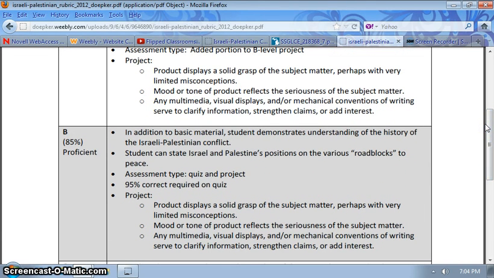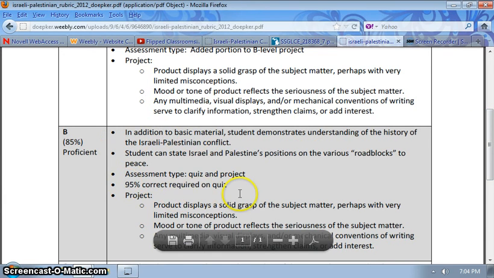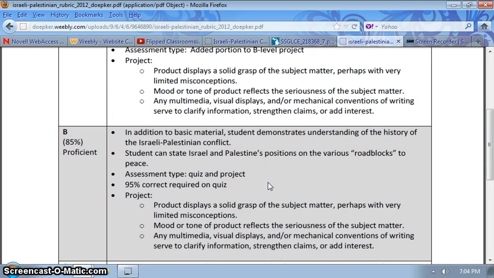So after they obtain the basic knowledge, students will be moving on and creating a project. They'll actually be working on their capstone project. A B-level project requires that students get 95% on the history quiz, which will also be a screencast.